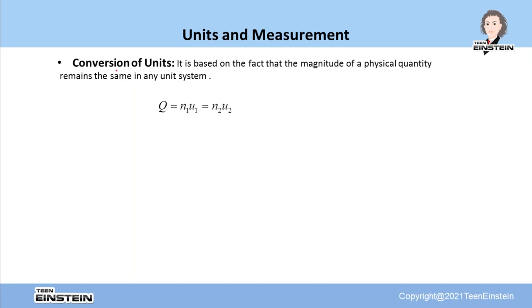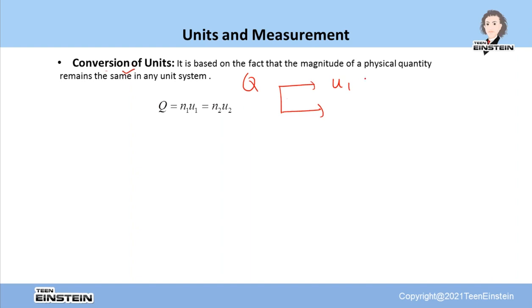So let us take the first one, how we can convert a physical quantity from one unit to another unit. So, conversion of units, and actually it is based on the fact that the magnitude of any physical quantity does not change whatever may be the unit system. Suppose I have a certain physical quantity q, I have to measure that, and I can measure that in two different unit systems.